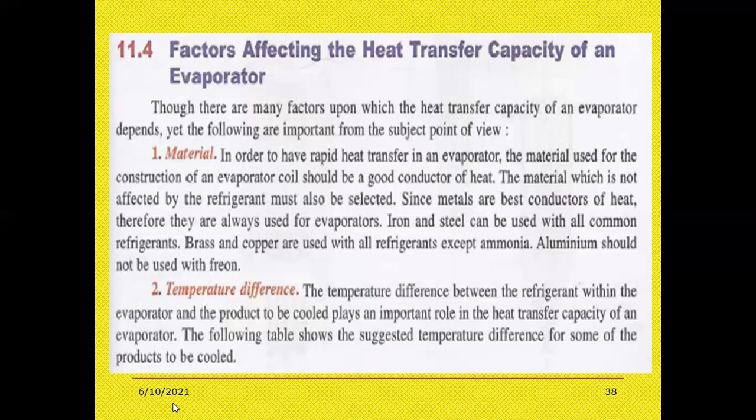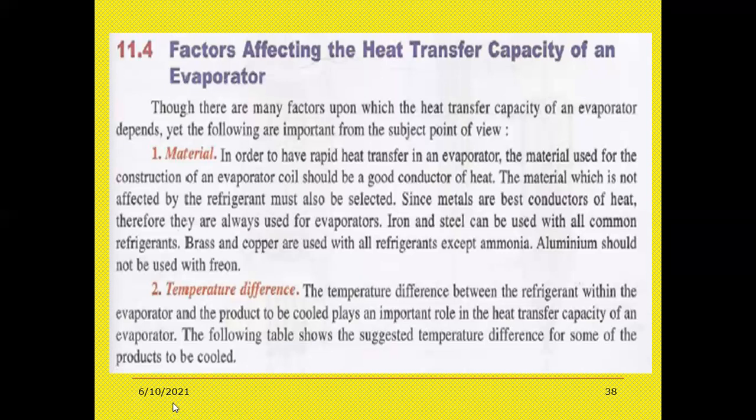In heat transfer, heat moves from one place to another, so the first thing you have to see is the material. Why? Because the heat transfer should be done, and the material should be a good conductor of heat.